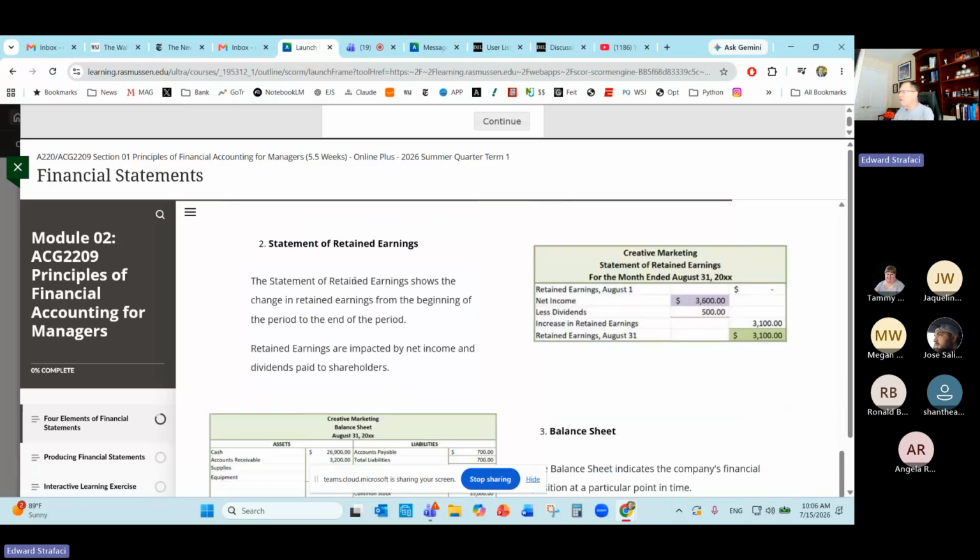Then we have a statement of retained earnings, which means that after the company is profitable, something has to happen with that money. Now, after your year is closed and you have a profit, you could do 2 things with the profit. You could either put the money back into the company, that's retained earnings, or pay a dividend out to shareholders.